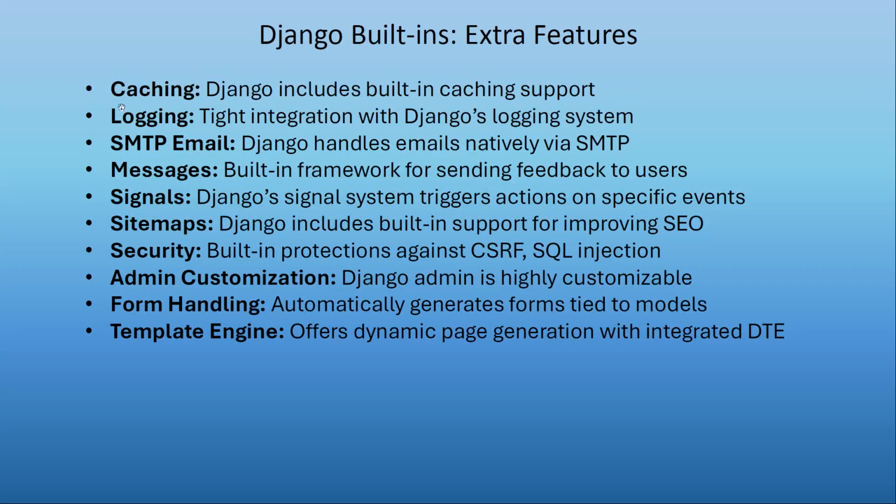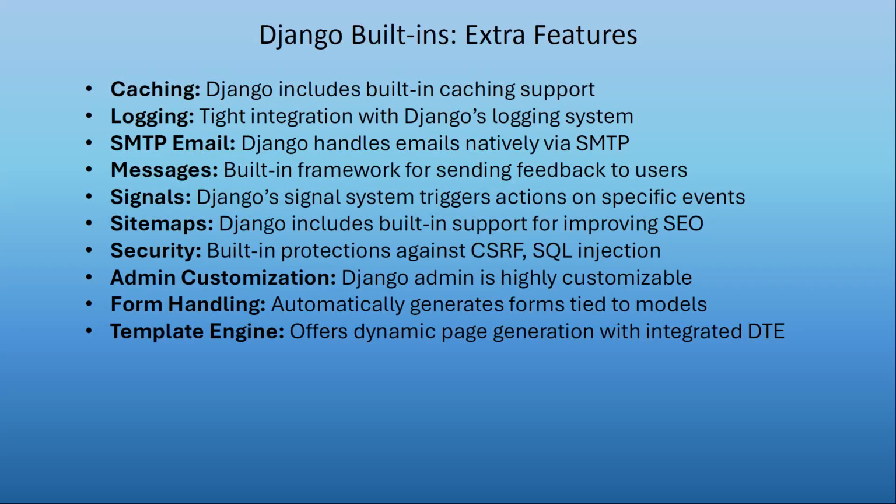Django also has a lot of extra built-in features which are nice. It has built-in caching and logging, email support, notification messaging, and signals, which is like real-time I/O, like the in-and-out exchange of data. So let's say you have an instant messaging app, signals already has you covered in Django, whereas with Flask you'd have to use WebSockets or Socket.IO.